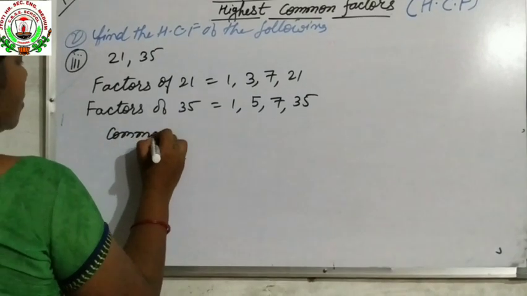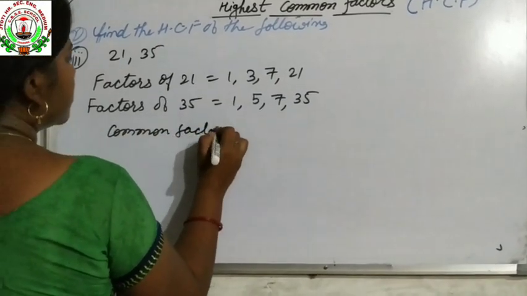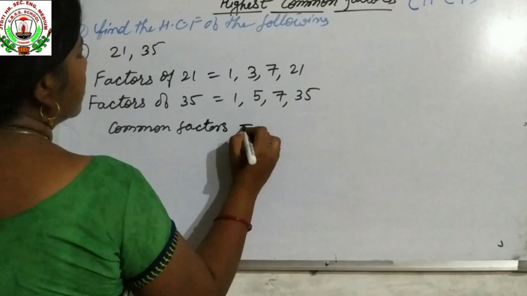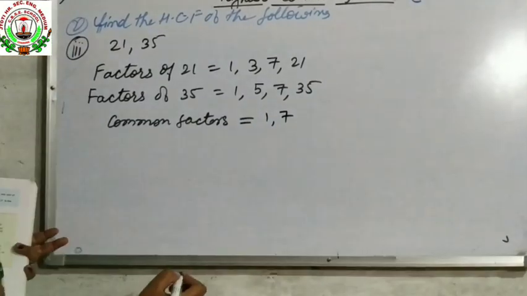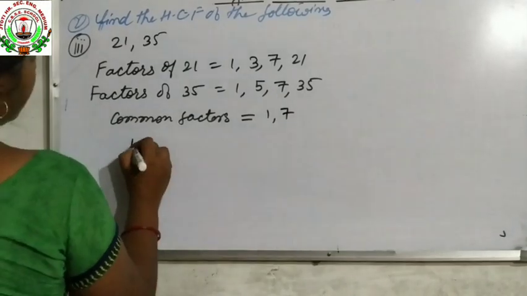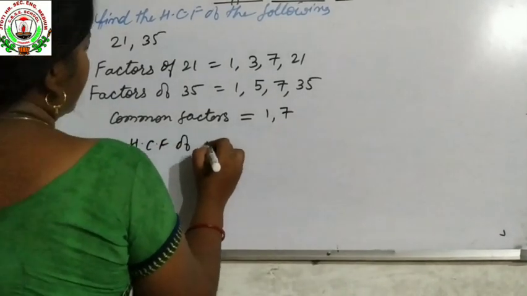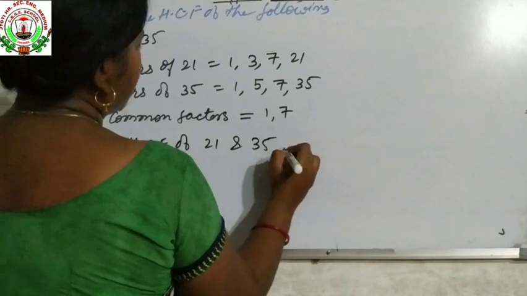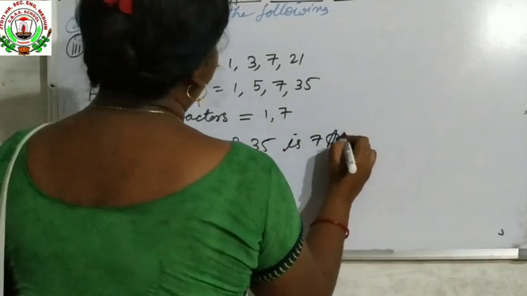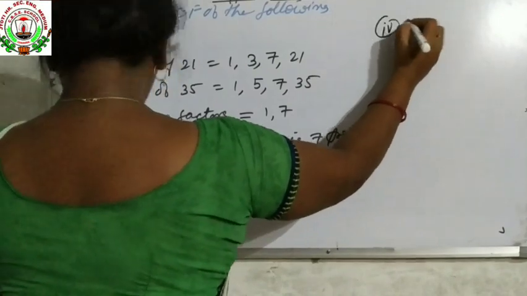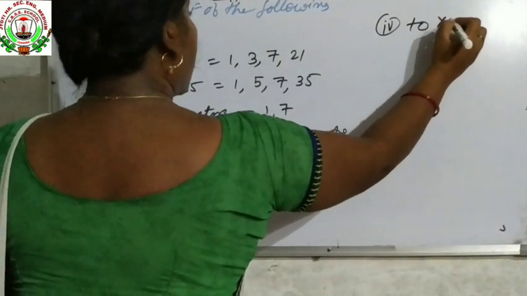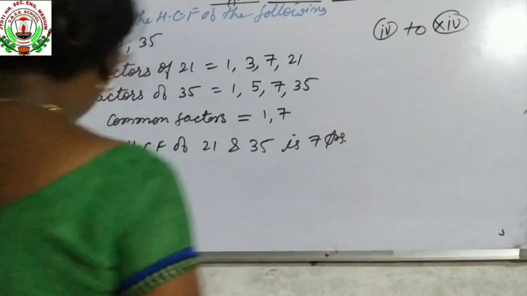Now the common factors are 1 and 7. So the highest common factor of 21 and 35 is 7. So we have completed up to question 3. You will try to do question number 4 to 14.